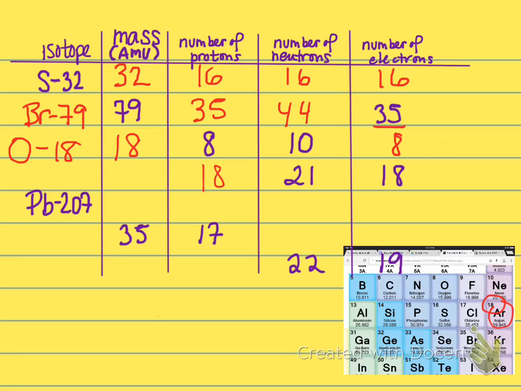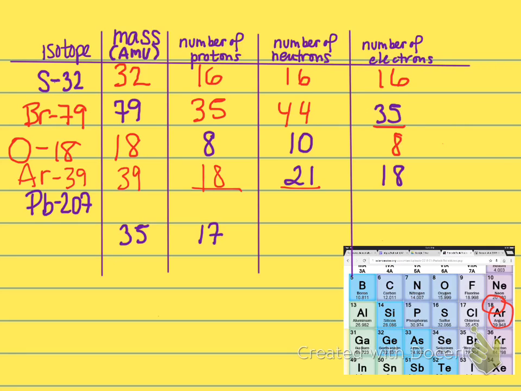Argon's our candidate, and we can get our mass by adding 18 and 21. This would have a mass of 39, so we're talking about an atom of argon 39. Okay, 2 more examples, and you'll be cut loose to work on this on your own.